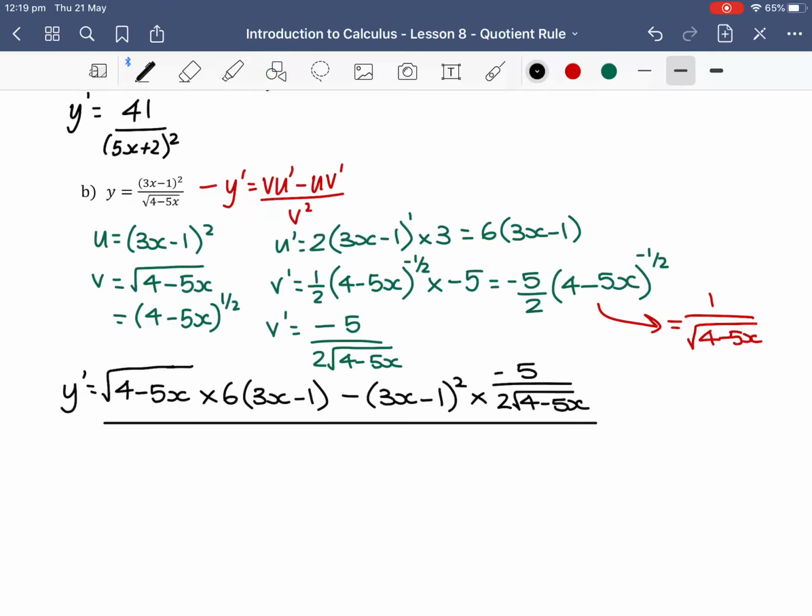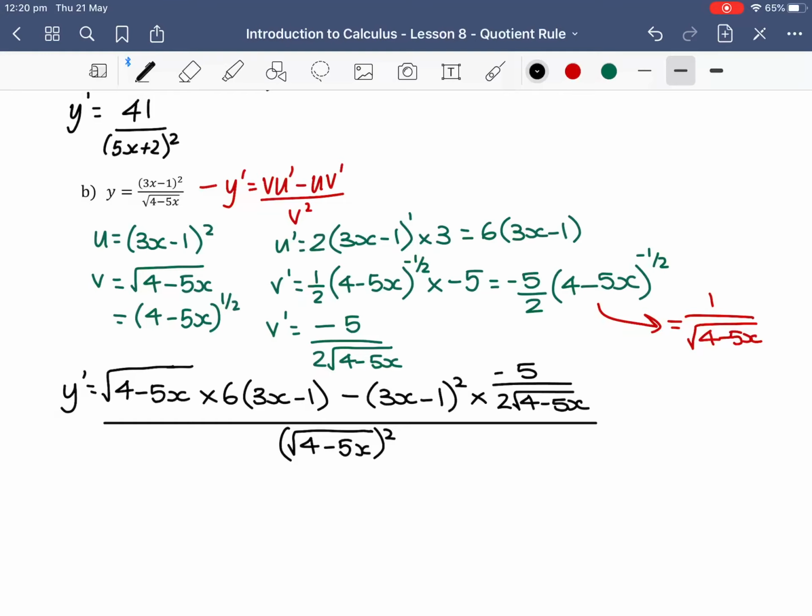And this is all over our bottom, so it's all over the square root of 4 minus 5x all squared. So now we have a little bit of work to do.